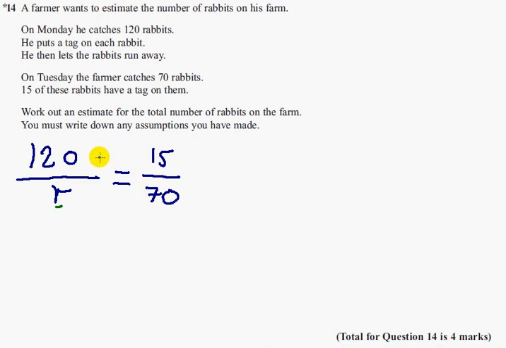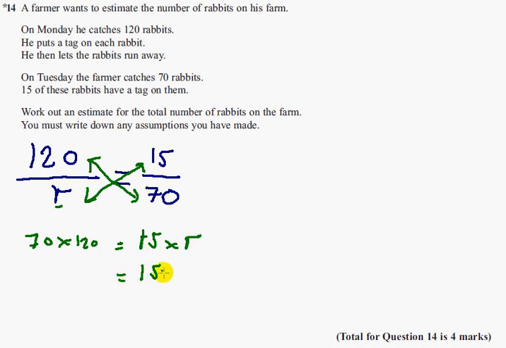Okay, so you can cross multiply, and let's see, so 70 times 120, and R times 15, so that's going to be 15R, and 70 times 120 I believe is 8,400.